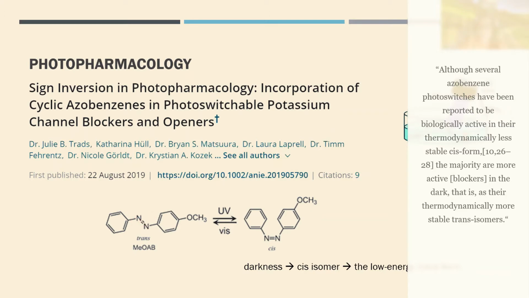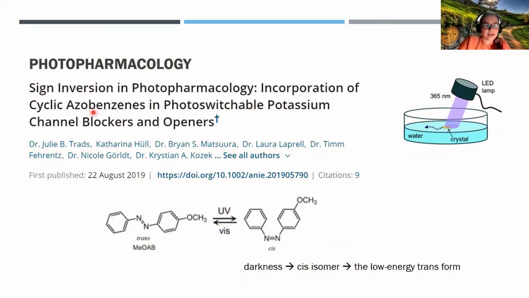So how would it look like? It was intravitreal injection. When azobenzene is in your eye, we would take an LED lamp and illuminate the eye, and then this azobenzene would, because I think it would be UV light probably, either of these forms of azobenzene, I'm not sure which one, would block the potassium channel.